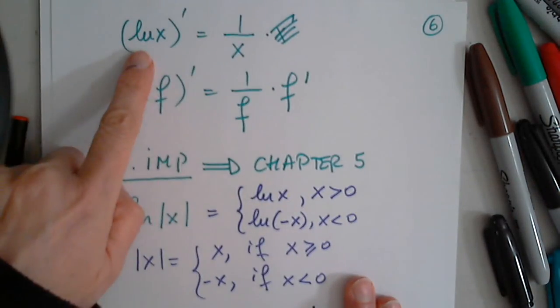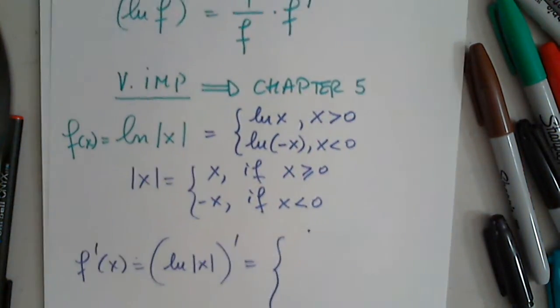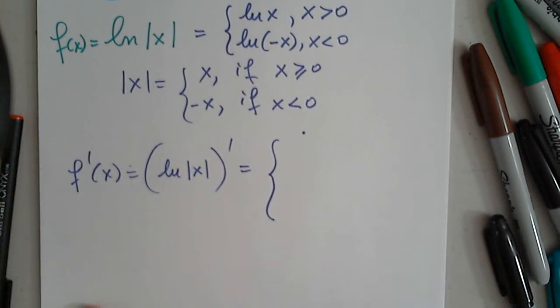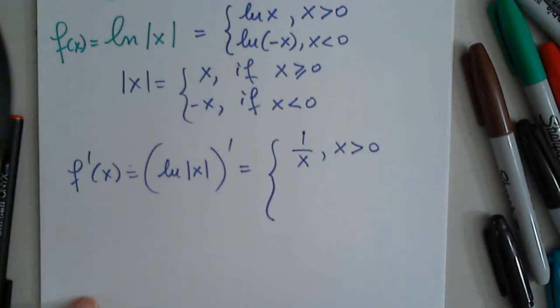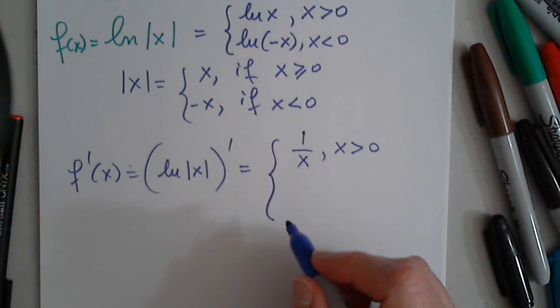So the derivative of natural log is 1 over x. Oh, 1 divided by x, for x greater than 0. And who would like to do the other one? Mickey, would you like to try the other one? It would be negative 1 over x for x less than 0.